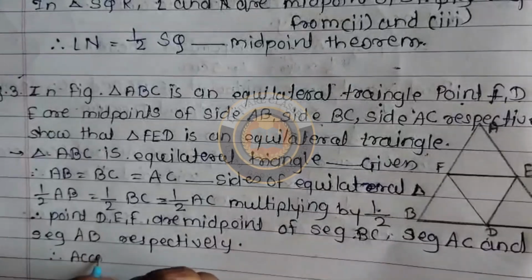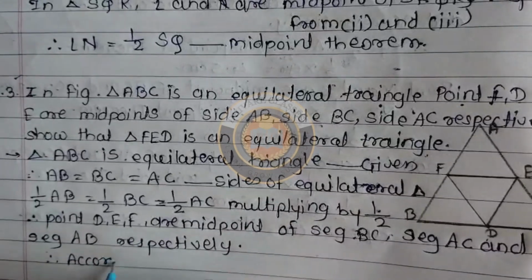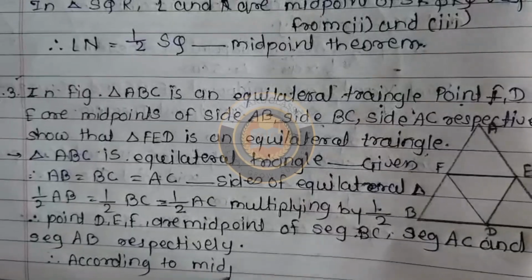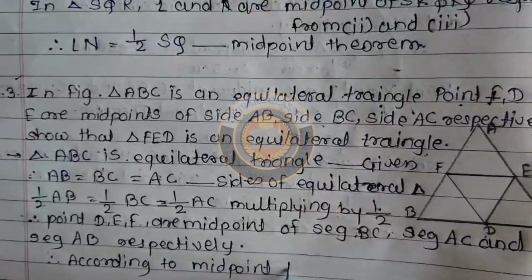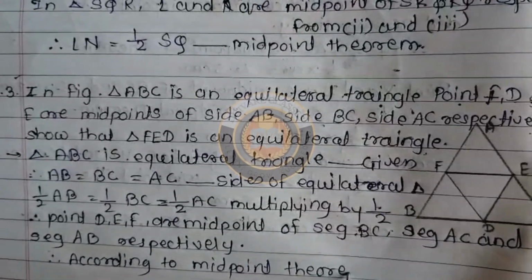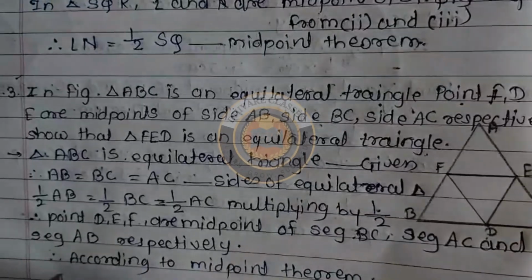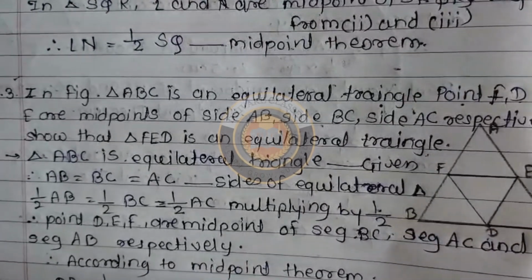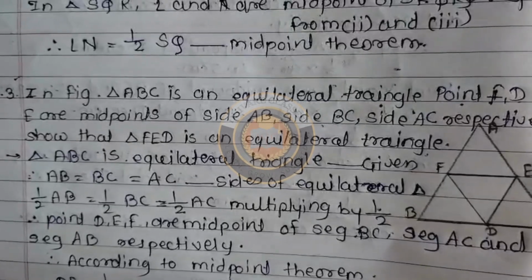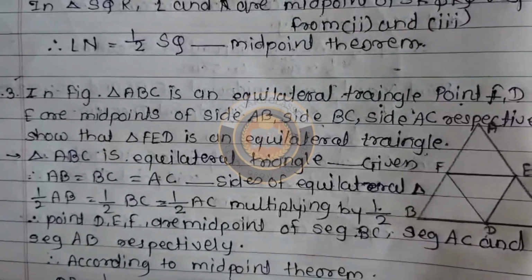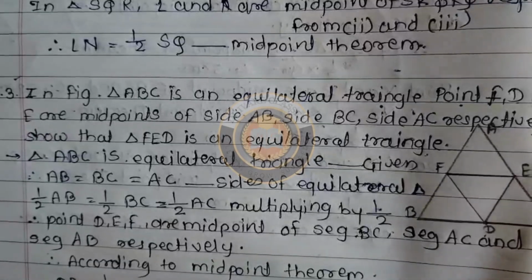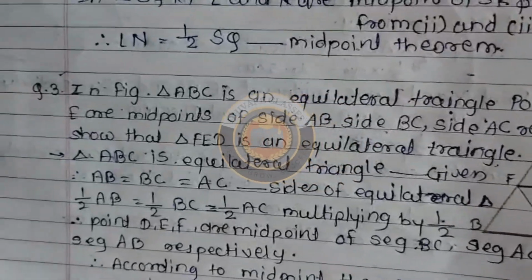According to the theorem, DE is equal to 1/2 AB, EF is equal to 1/2 BC, DF is equal to 1/2 AC. ठीक है.